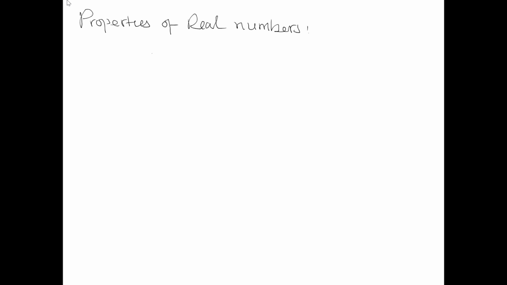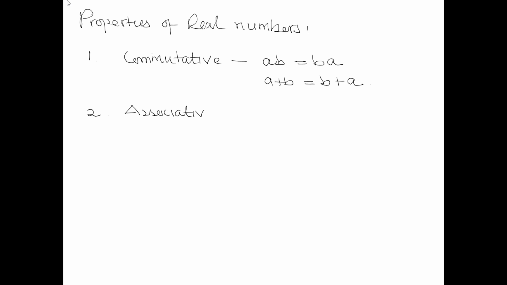Now, we also need to understand what can be done with these real numbers. So when you're adding, when you're subtracting, when you're dividing and all that, the first concept is that they're commutative. You can interchange them when you're adding or multiplying, and there will be no difference there. They're also associative. What does it mean? It means that you can group them.